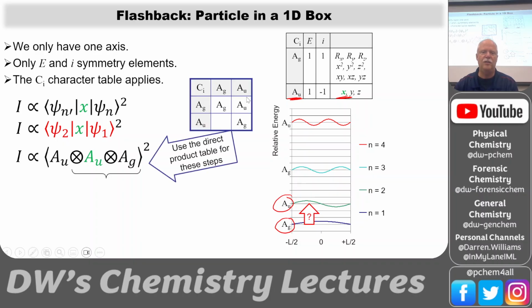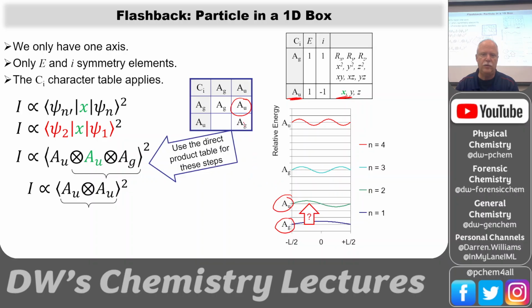So we can use the direct product table for these steps. Now I realize this is such a simple example. You may say, well, this is obvious. Why is he going through all the steps? But these are all the steps that you do on the more complicated examples. So we do them right to left. That's just the convention, just like matrix multiplication. So Au times Ag is right here. Au times Ag is Au. So we bring that Au down. And then we have Au times Au.